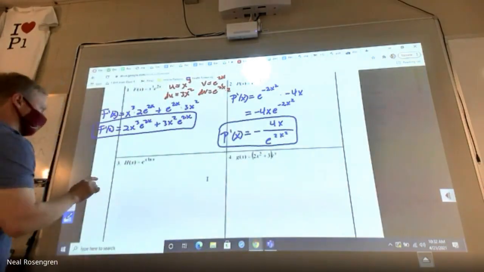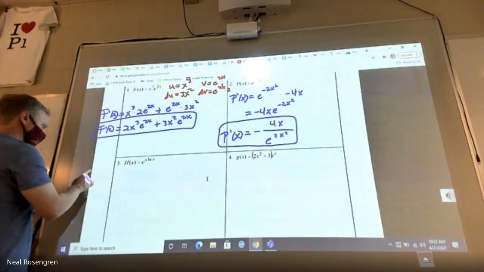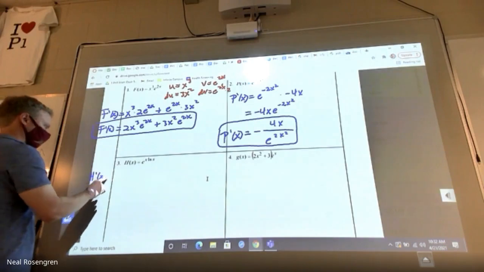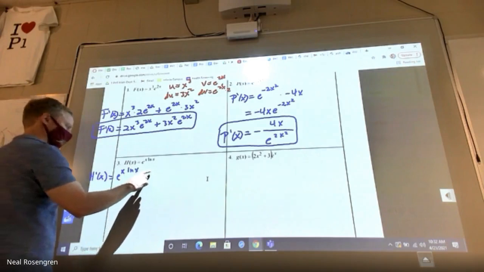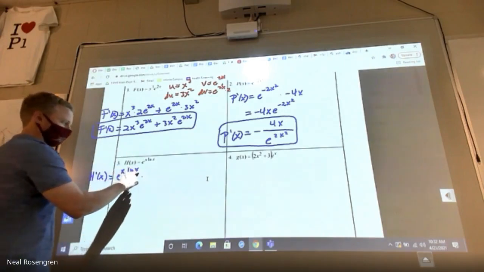Negative exponent there, take care of that. Ooh, 3. Ooh.